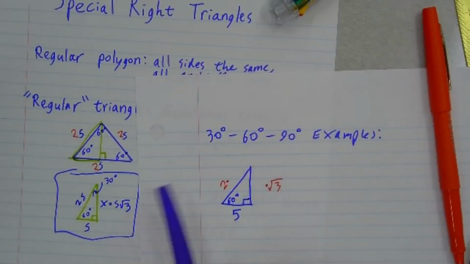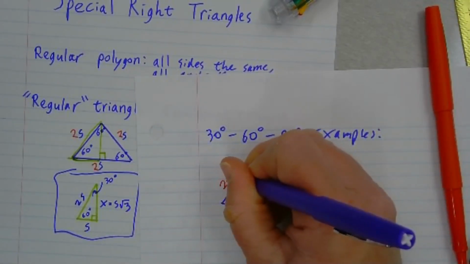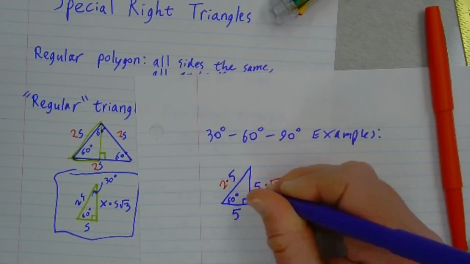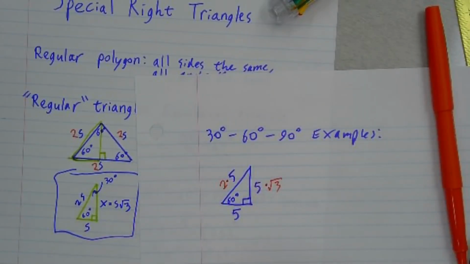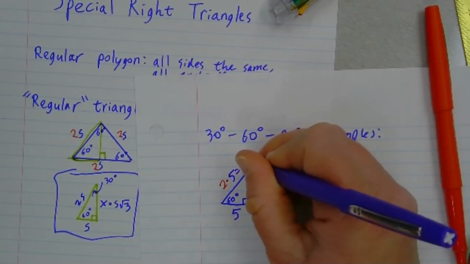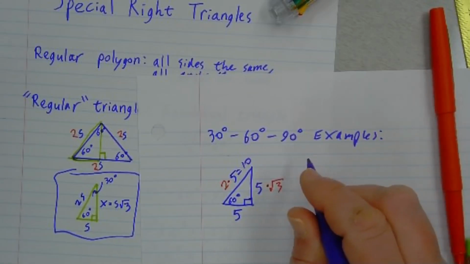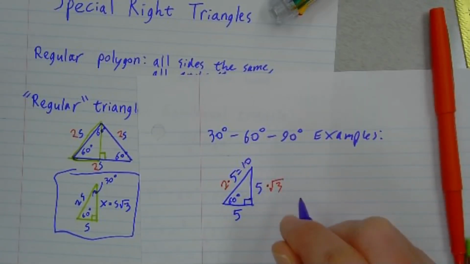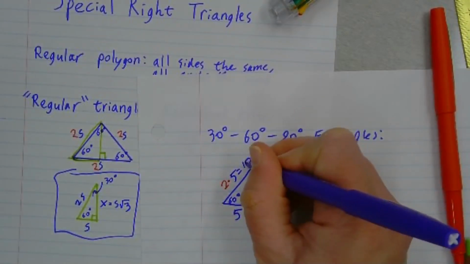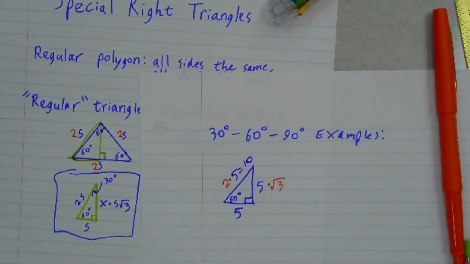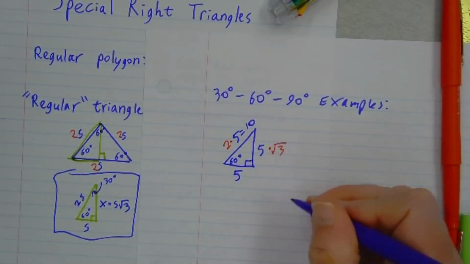So I can just fill in my 5, which is what s is this time. And see that this side is 10, this side is 5 root 3. Sometimes I'm going to want to keep this exact. A lot of the time, actually, I'm going to want to keep this exact. Sometimes I'm going to want to do a decimal approximation. But I was able to very quickly fill in the rest of my triangle.